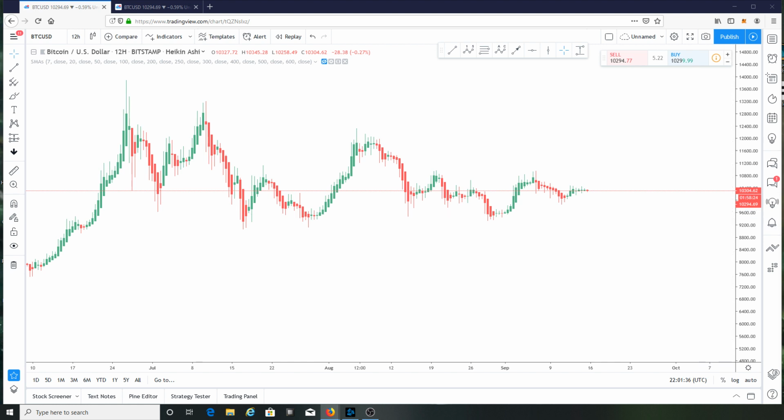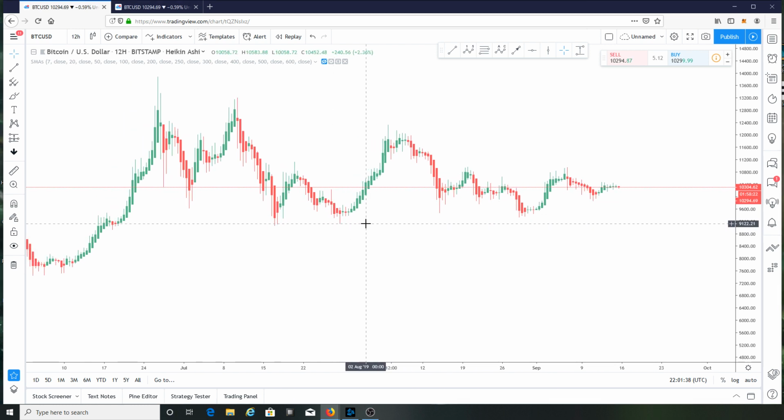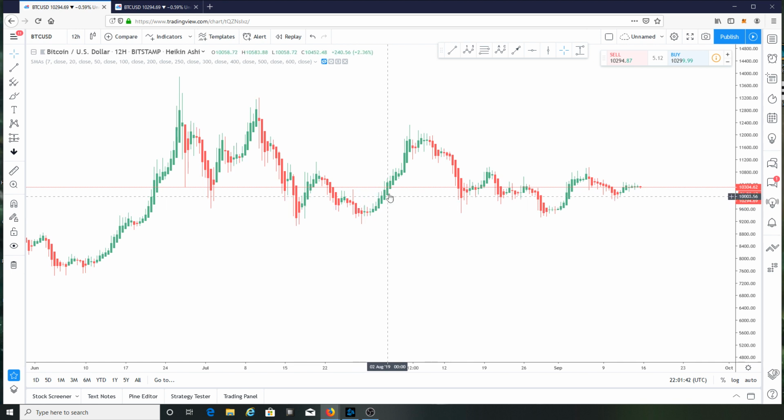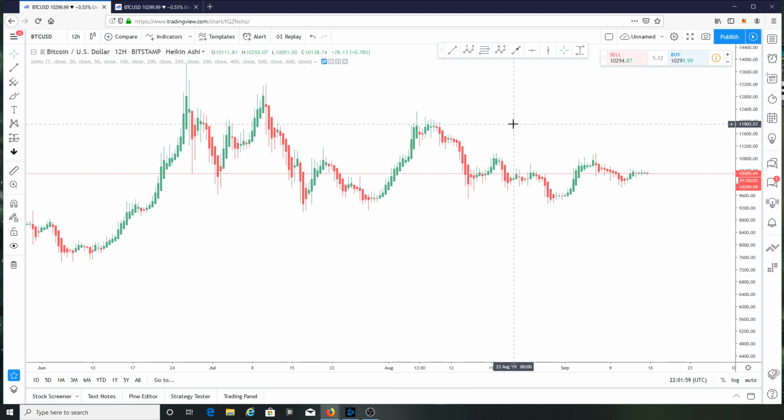So these are more or less used for capturing the overall trend, so to speak. As you can see, these candles look different from the regular candlesticks, as these are all green, as the green is showing an uptrend, and then you can start to see where they start to turn red to signal a downtrend.